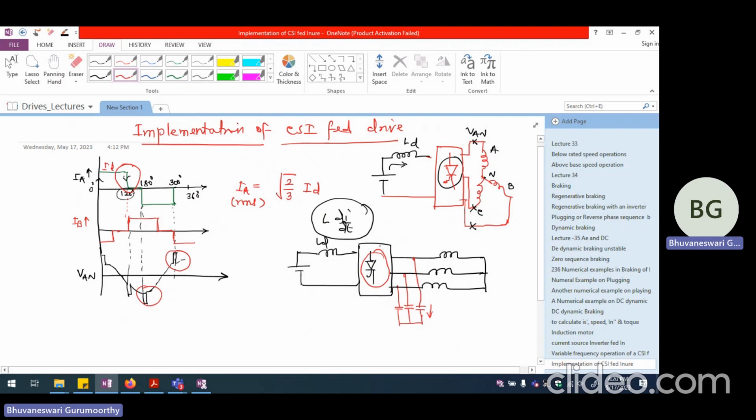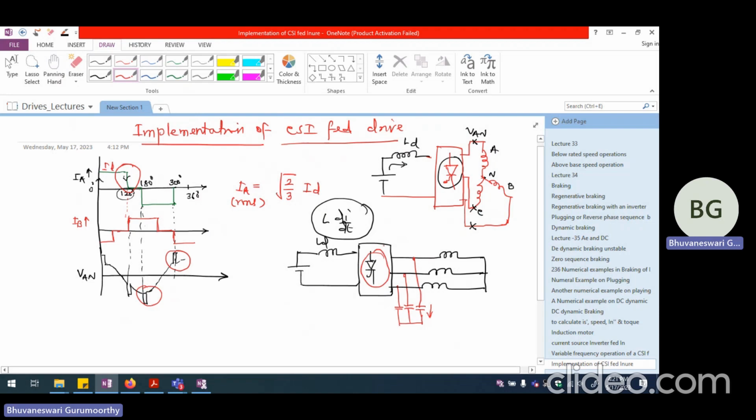In a VSI fed drive, the leakage reactance basically filters the current and makes it more smooth and sinusoidal. Whereas in the case of a CSI fed drive, the leakage reactance creates lots of voltage notches and spikes. So those are going to cause havoc in inverter devices. The inverter devices can completely blow.